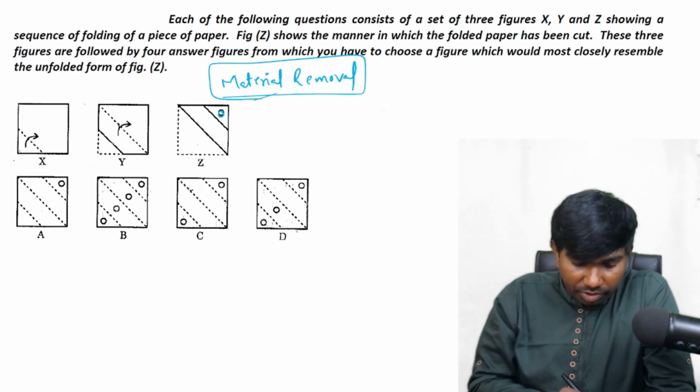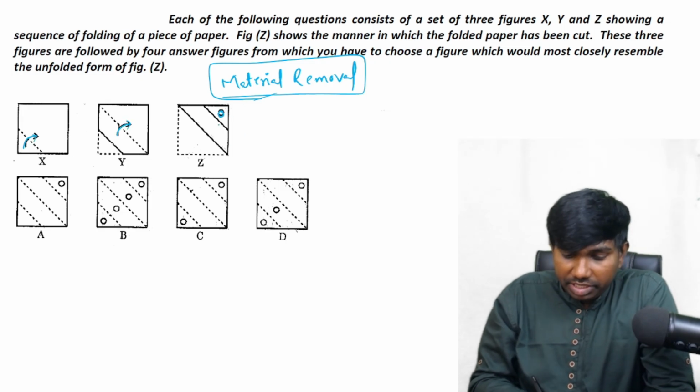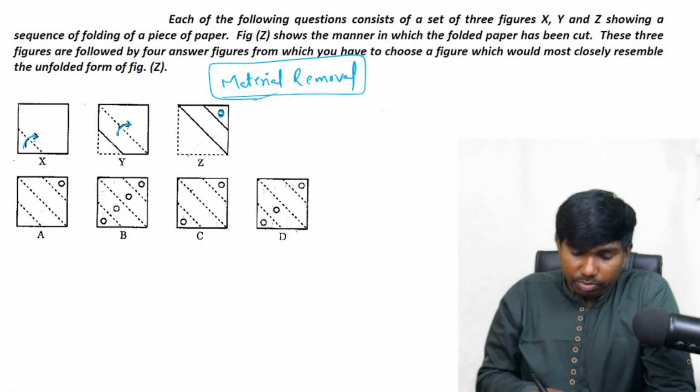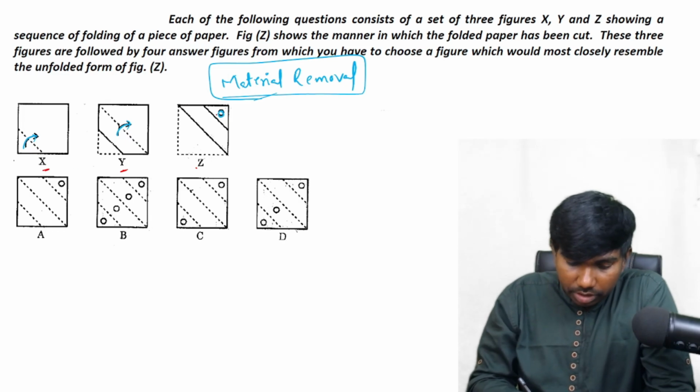So X is folded in this way, and then it is folded in this way, and finally we get Z, and in Z we are cutting. So to answer this question, we have to go in a reverse approach. From Z to Y we should come first, and from Y to X after that.